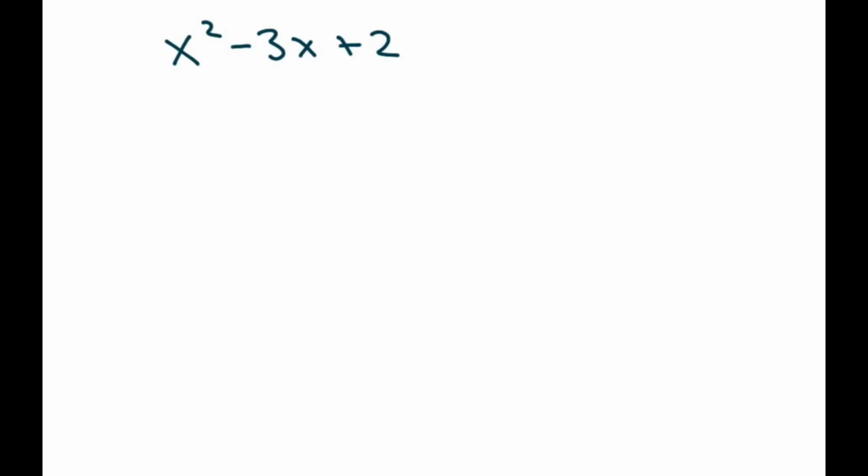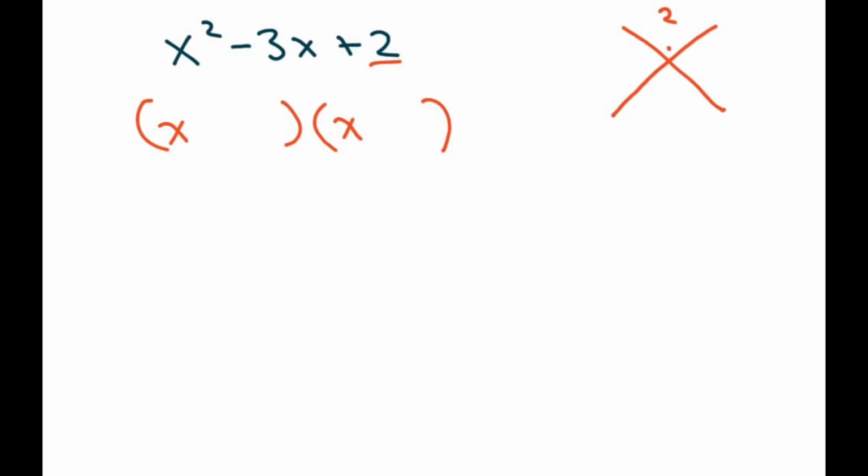Okay, the first one, what we want to do is factor it like this. We know the first two terms are x and x. Then what we're looking for, and we can do this ninja x thing, is two numbers that multiply to give us 2, so I put a little dot here for multiply, but when we combine them, we get -3.